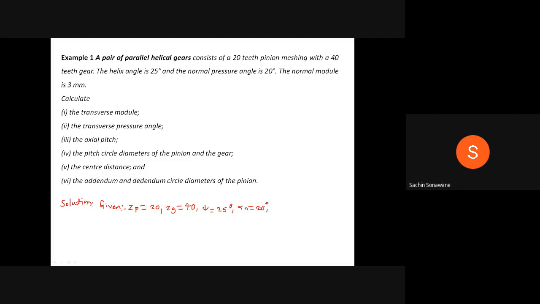And normal module mn they have given, mn is equal to 3 mm. Therefore, these are the given quantities. Now we'll find out one by one. Please write ZP 20, ZG 40, helix angle 25 degree, normal pressure angle 20 degree, normal module mn is equal to 3 mm.